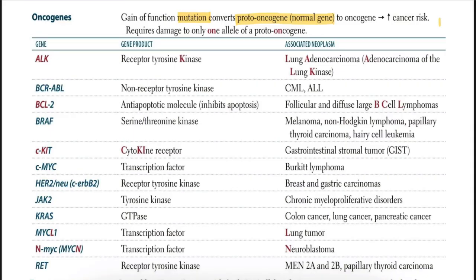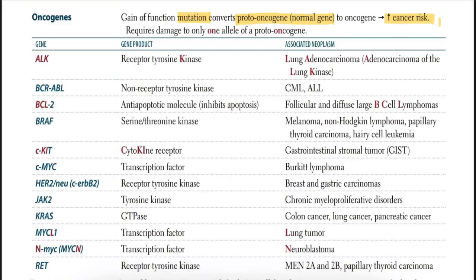What are proto-oncogenes? Proto-oncogenes normally promote cell growth and survival. When mutated they become oncogenes, and then we can see uncontrolled cell proliferation, which leads to cancer.